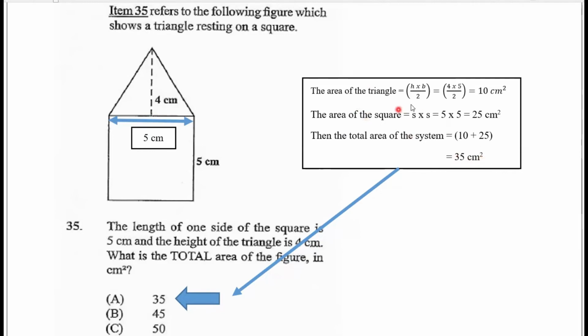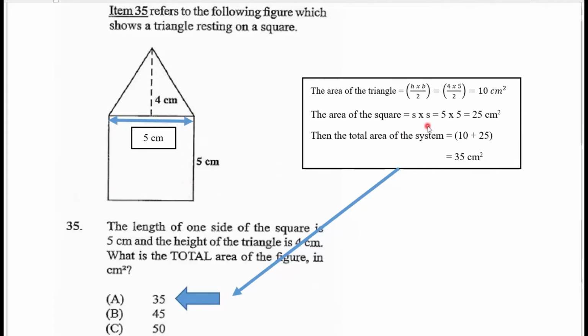So let's first find the area of a triangle. Height by base over 2. Your height is 4, and your base obviously will be 5, because it's resting on the square, and each side of the square is 5. So it's 4 by 5 over 2. That comes to 20 over 2, which is 10 cm squared. And then you have the square, area of your square would be what?